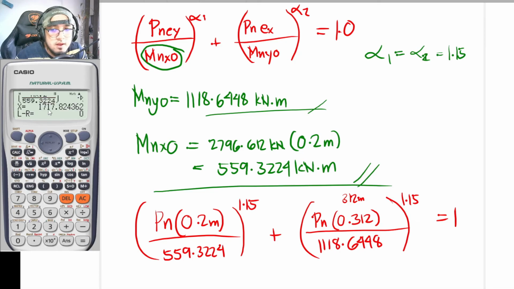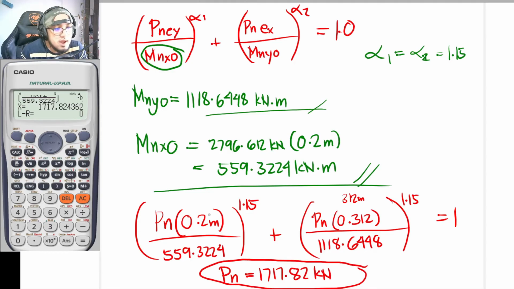And with that, the answer here, if you use this method, is that our Pn is equal to 1717.82 kilonewton. Okay, so guys, if you use millimeter here and Newton millimeters there, the answer you will get is in terms of newtons.